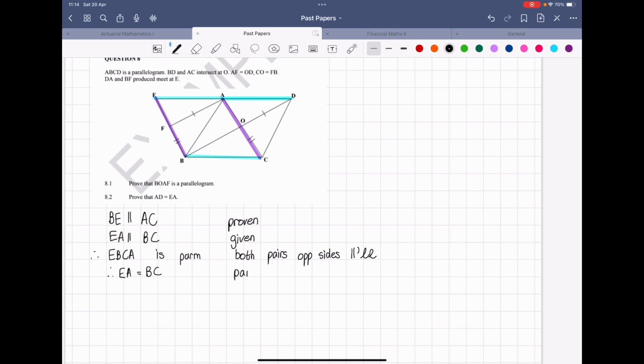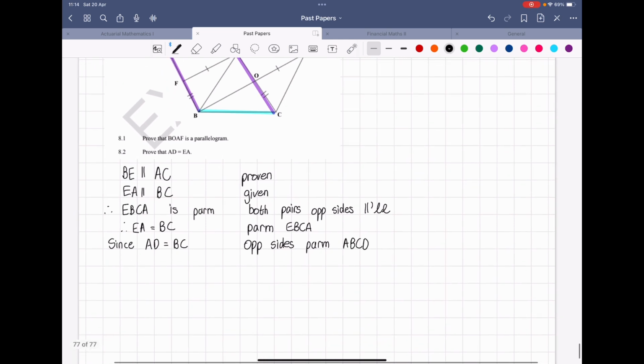That's from parallelogram EBCA. And then I'm going to say since AD equals BC, that's from opposite sides of parallelogram ABCD. Then EA is also equal to AD.